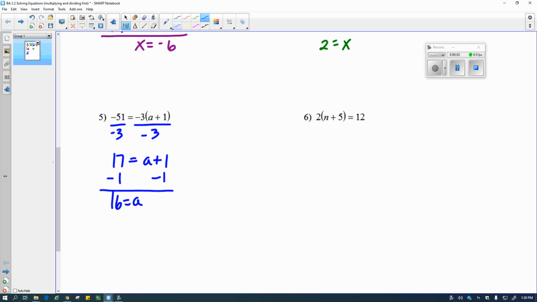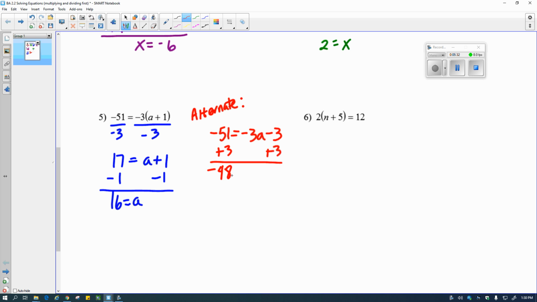I've also seen people solve this one in an alternate form of solving, where they would maybe distribute the -3 through and then solve. And that's great. It works. That's an absolutely acceptable method of solving.